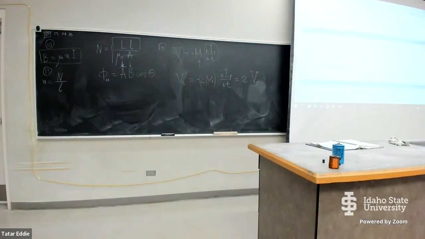So M is some number of millihenries or henries, some coefficient of mutual inductance, depending upon how close the two coils are, what the orientation of those coils is, and what the size of each coil is. So it is a geometry-dependent number. Okay, other questions and remarks?